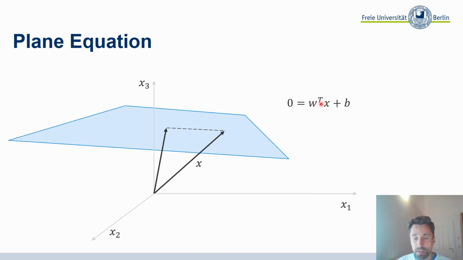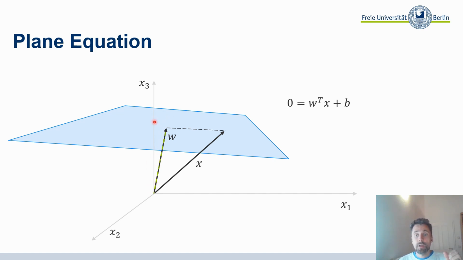Well, it's a dot product, but you can visually interpret this as the projection of this vector x onto the direction of W. So if W has length 1, the scalar value produced by the dot product corresponds to the length of this projection.